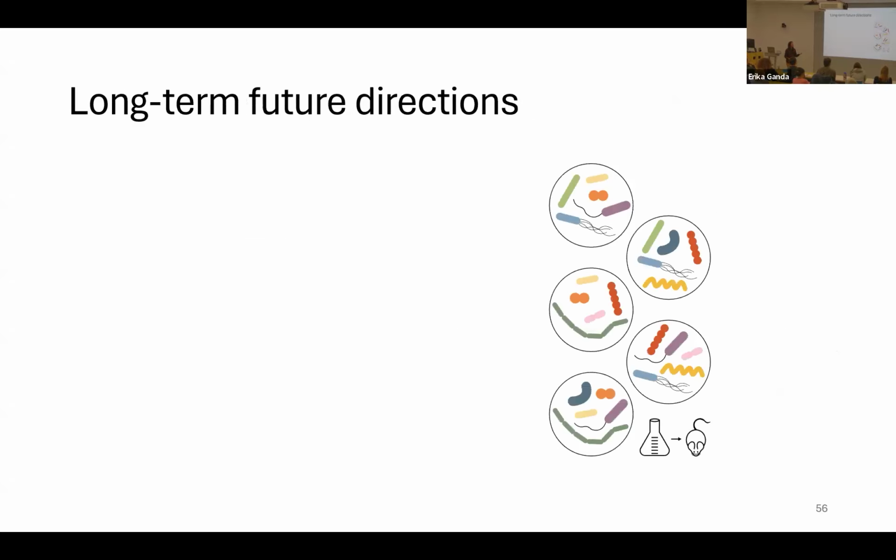And moving forward, beyond understanding which bile acids or which bacteria can transform which bile acids, I'm really interested in understanding when and why these transformations can occur.